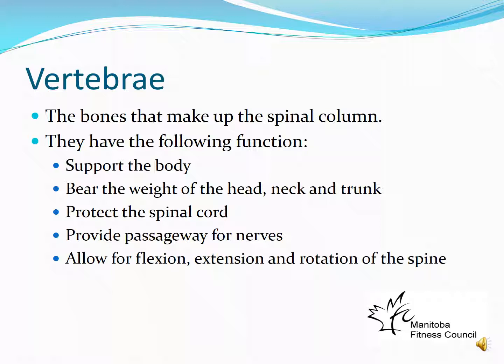And this is going to enable us to support the body. Okay, all these will stack one on top of the other and allow to support the body. Because of these discs and these round-shaped bodies that our vertebra have, this allows us to bear the weight of our head, our neck, and our trunk.